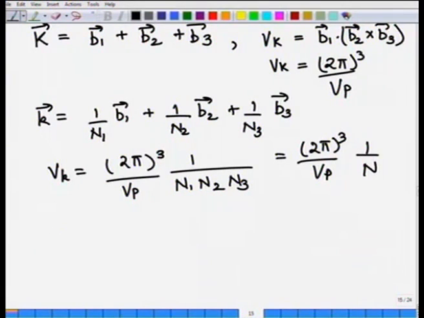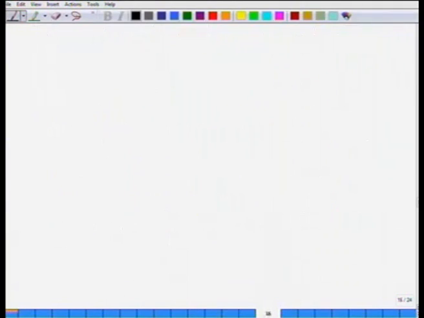That implies that the volume of the primitive cell should be equal to n times the volume associated with a k state. And what is the implication of this? I will write the implication on the next page and finish the lecture here.